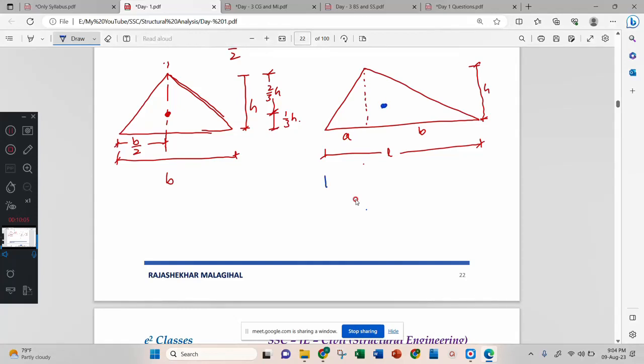Then the distance from here to here is L plus A by 3, and from here to here is L plus B by 3. Then this height is H by 3, 1/3 of height, and this one is 2/3 of height. Okay, this is the unsymmetric triangle.